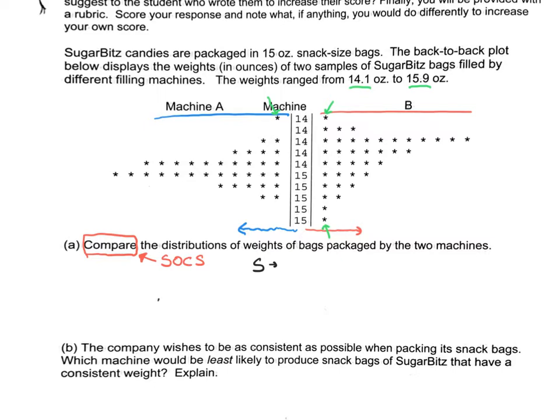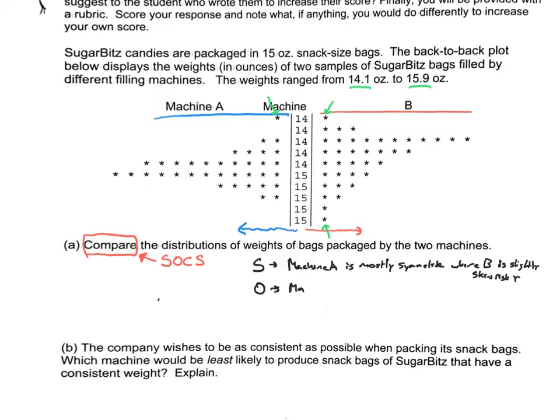Machine B looks like it might have a little skew to the right, and maybe you would say machine A has a little skew to the left because that one might be an outlier, since I see a gap there. So let's just say machine A is mostly symmetric, where B is slightly skewed right. And now you see how I'm comparing within my socks as I do that.